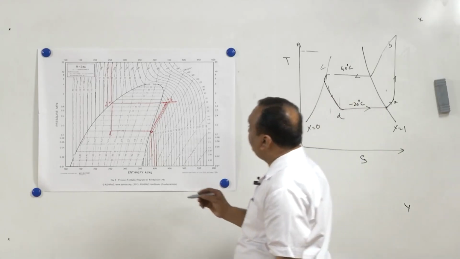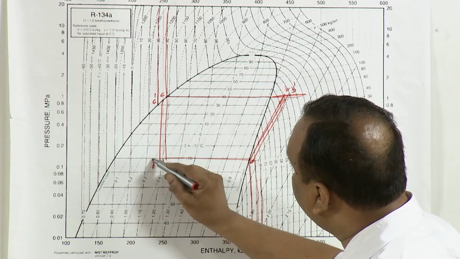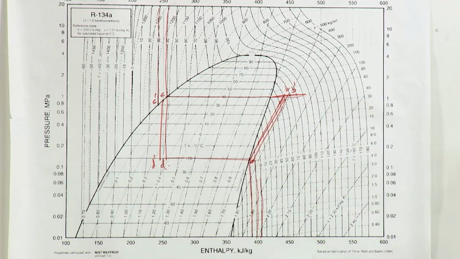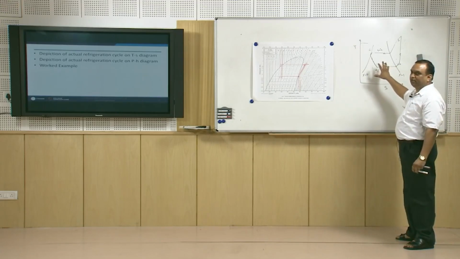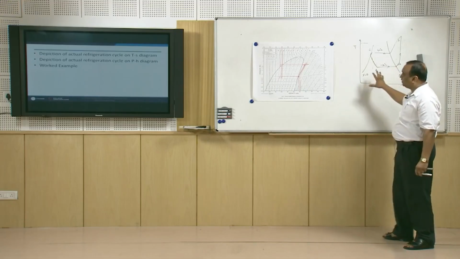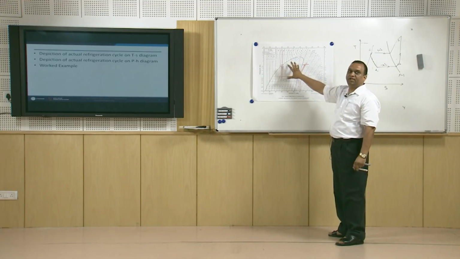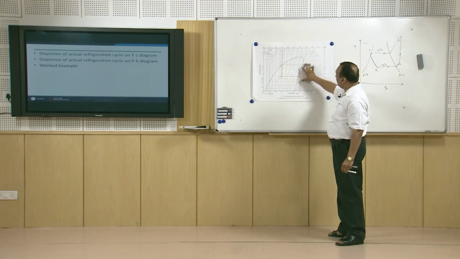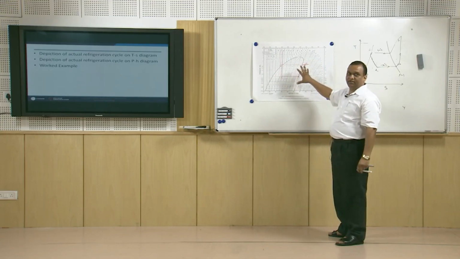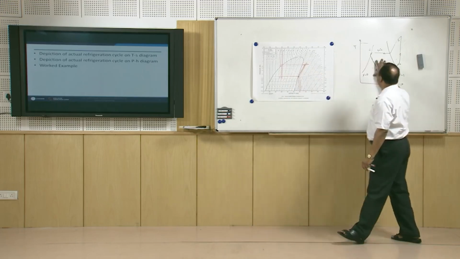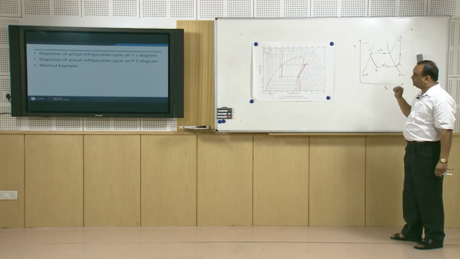From this C dash, expansion will take place, and this point D dash will be attained. So, this is how we can transform all the processes on the temperature entropy diagram. Comfortably they can be transformed on the pressure enthalpy diagram, and from these charts we can definitely find the COP relatively more easily than in the case of the temperature entropy diagram.